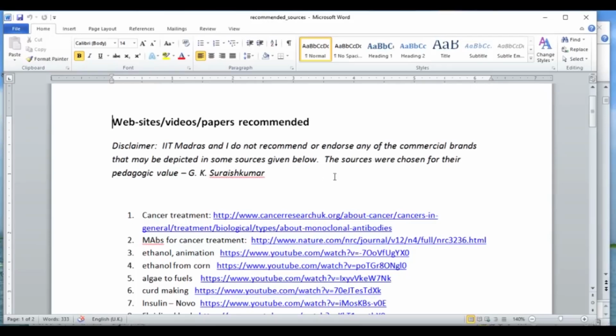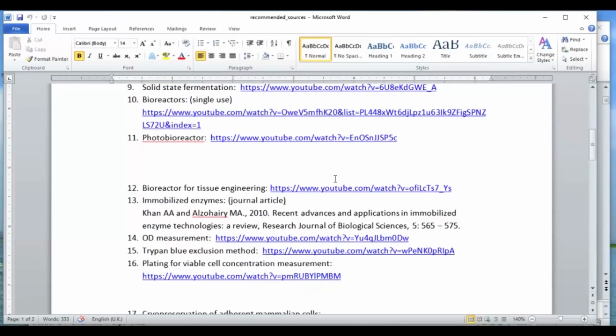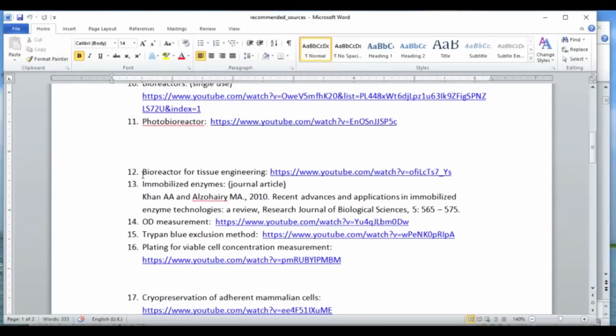The sources were chosen for their pedagogic value. This is number 12 that I just mentioned, bioreactor for tissue engineering. This is the link. You can click on the link and go and see the video, which gives you some idea as to how bioreactors are used for making organs.